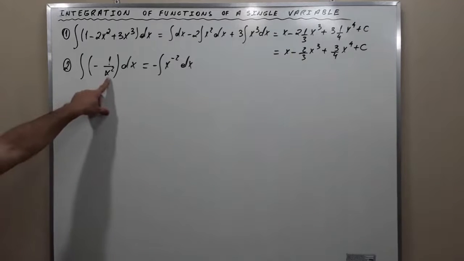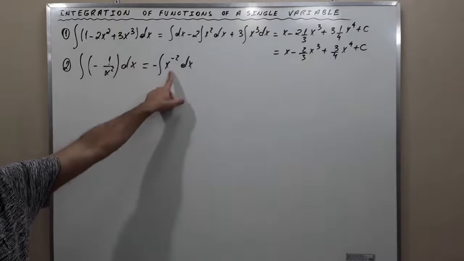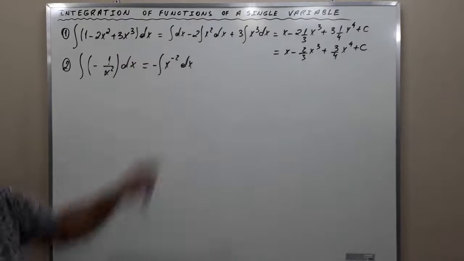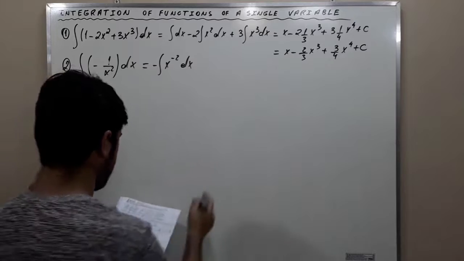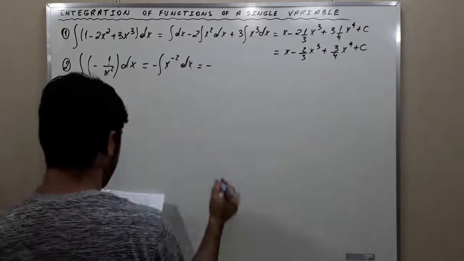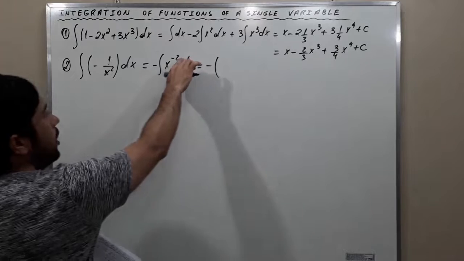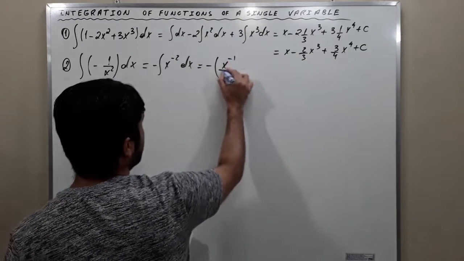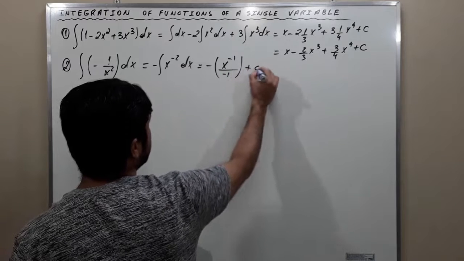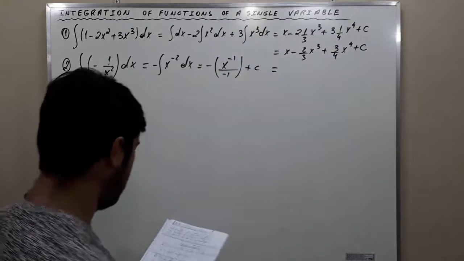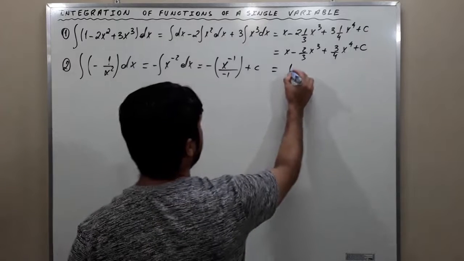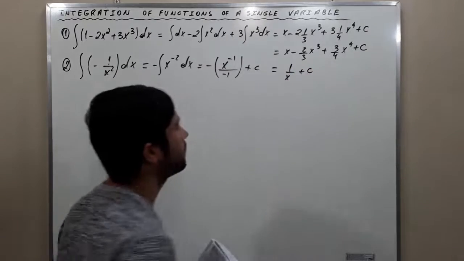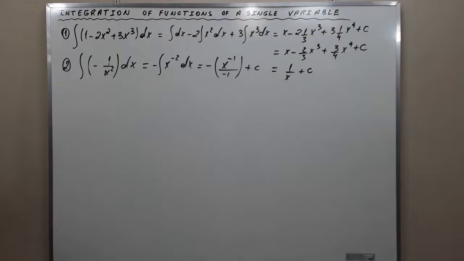We can pass this x squared to the numerator, and then it becomes x to the negative 2. And this is going to be the negative of, I sum 1 here, x to the negative 1 divided by negative 1 plus c. And then, simplifying it further, it becomes 1 over x plus c. Okay? This is the result of exercise 2.